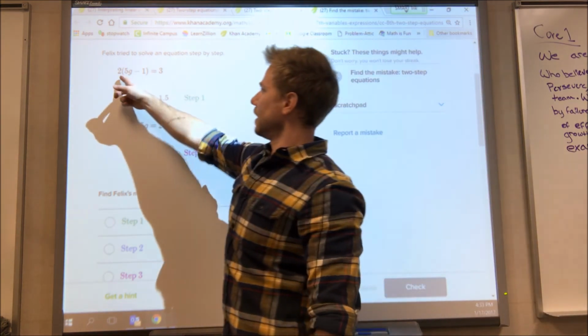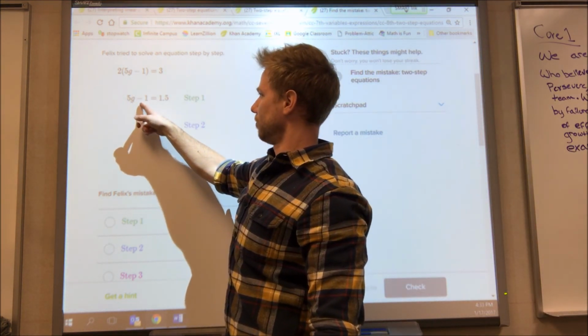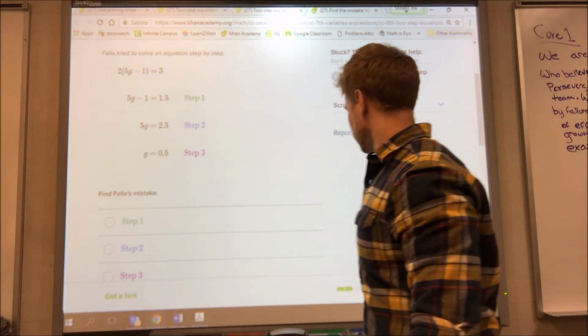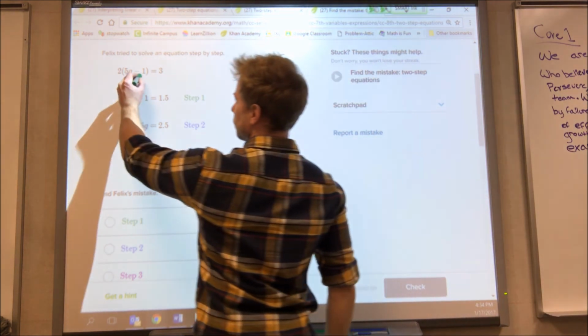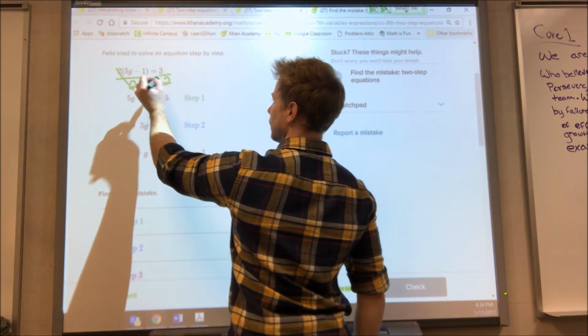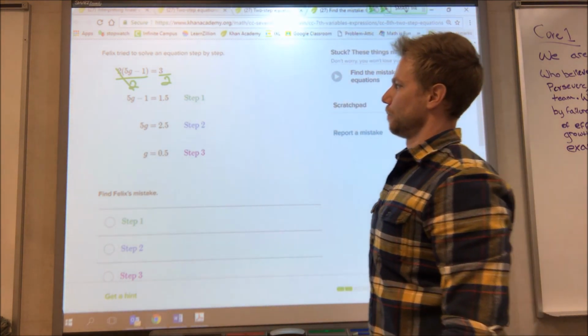Okay, again, it looks like they divided the 2, because you can see the 5g minus 1 is still 5g minus 1. If they distributed, it would be 10g minus 2. So if we divide by 2, that's going to cancel and just be 5g minus 1. 3 divided by 2 is 1.5. That's correct.